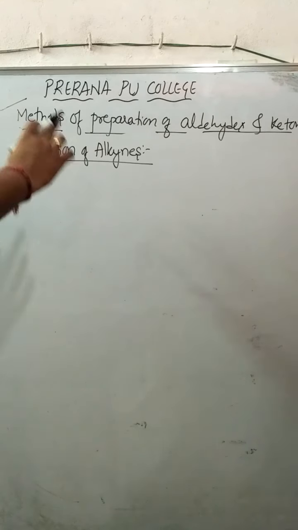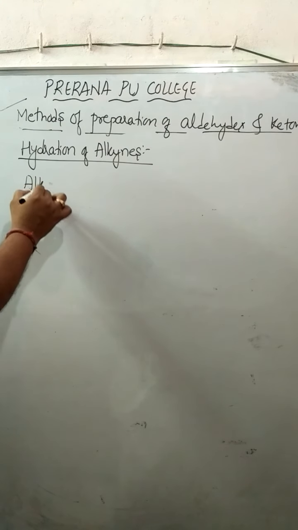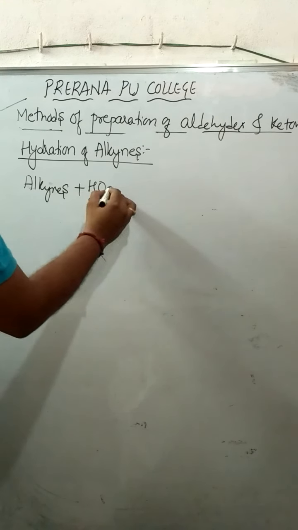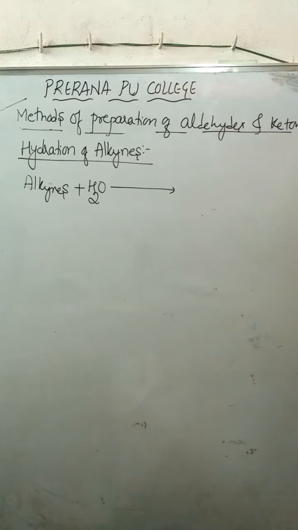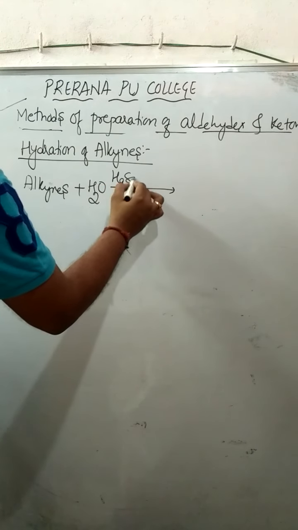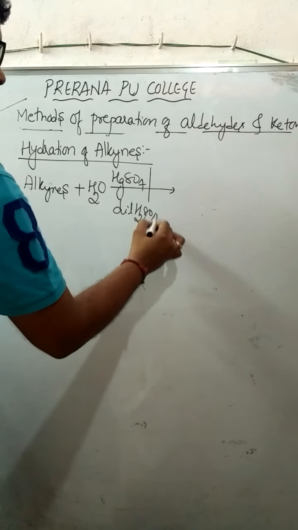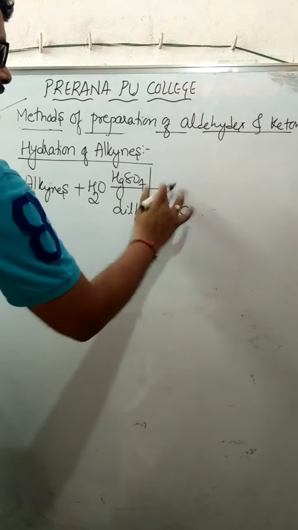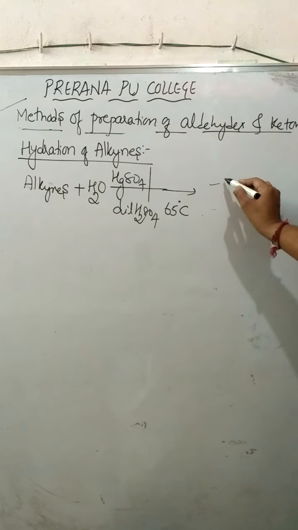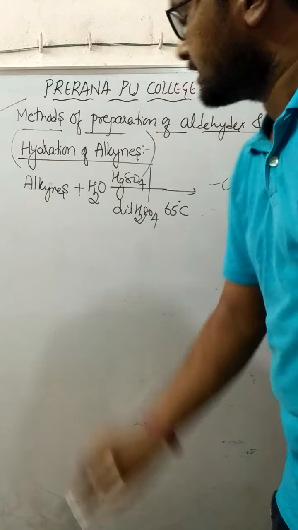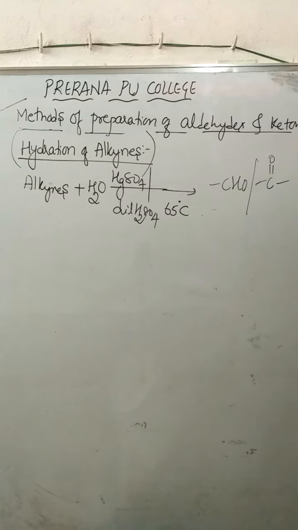When we study hydration of alkynes, the reaction tells that when alkynes are subjected to hydration, means adding up of water in the presence of mercuric sulfate, that is HgSO4, as well as dilute sulfuric acid, by maintaining a temperature of 65 degrees Celsius, and further it undergoes rearrangement to give aldehyde or ketone as a major product. This particular reaction is said to be hydration of alkynes.